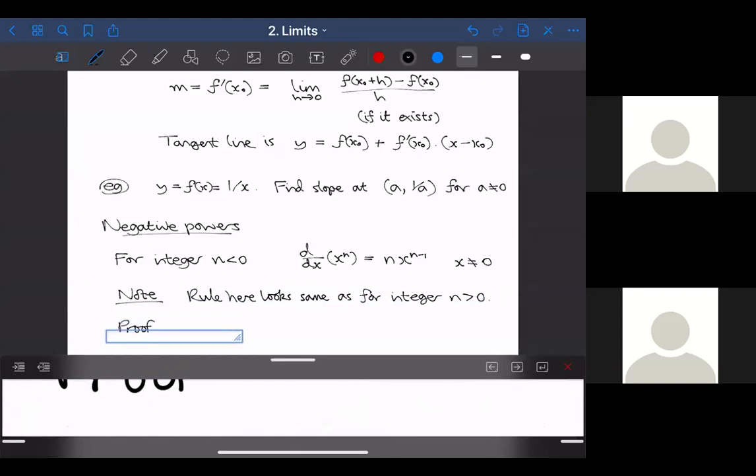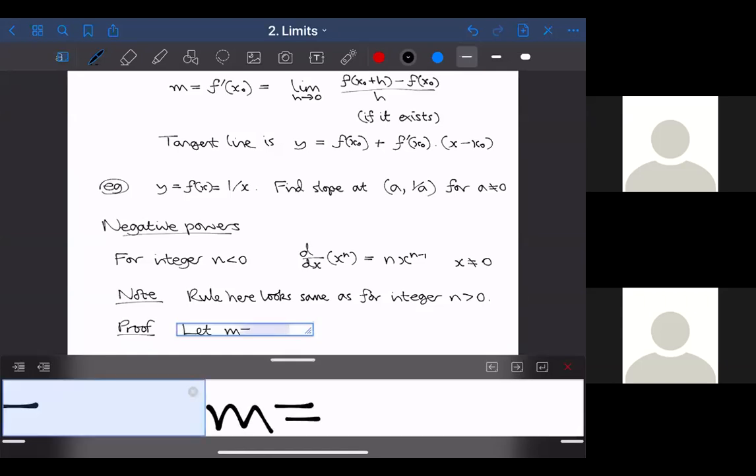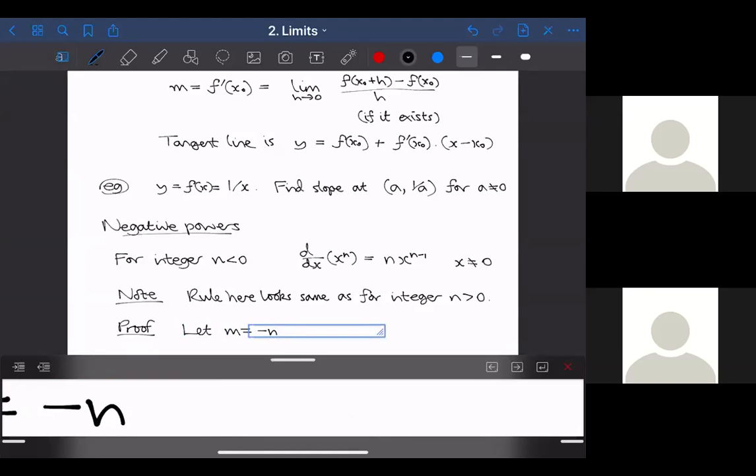And this is a good reminder of some other derivative rules. So let m equal minus n. Now this is greater than 0.